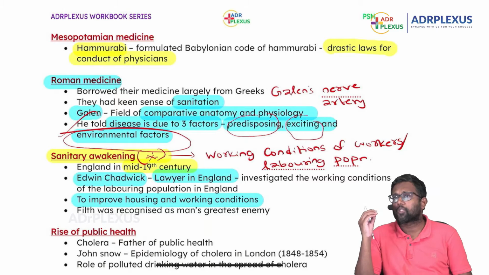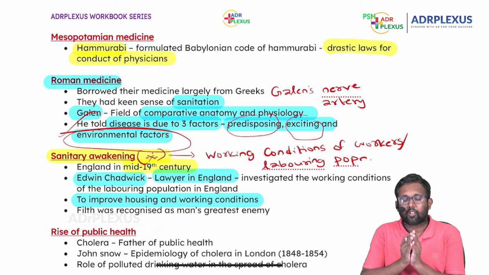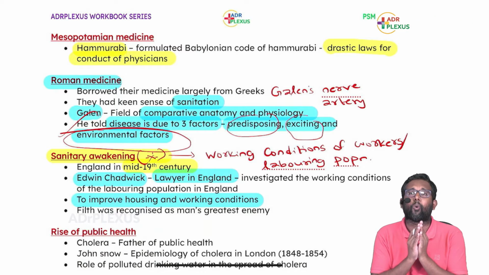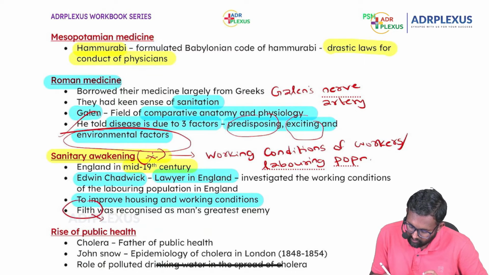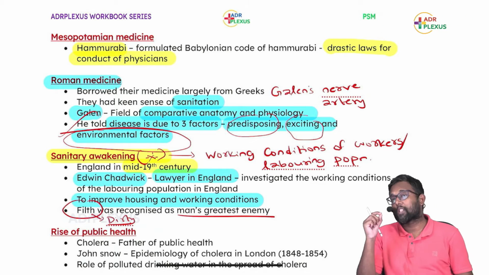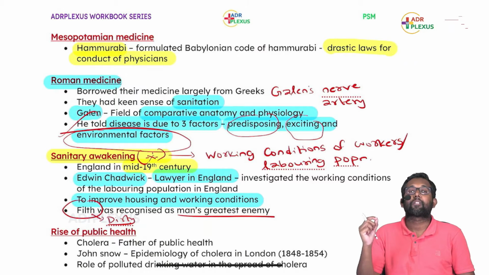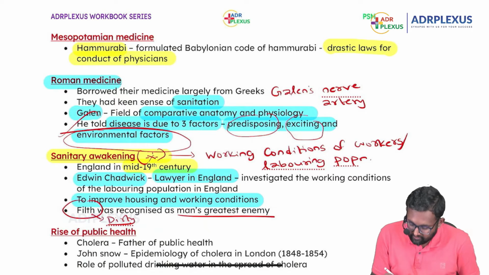This is called the sanitary awakening. He told that the greatest enemy to man is filth. Filth means dirt or dust. He considered it man's greatest enemy. So this is called sanitary awakening. The person responsible is Edwin Chadwick.